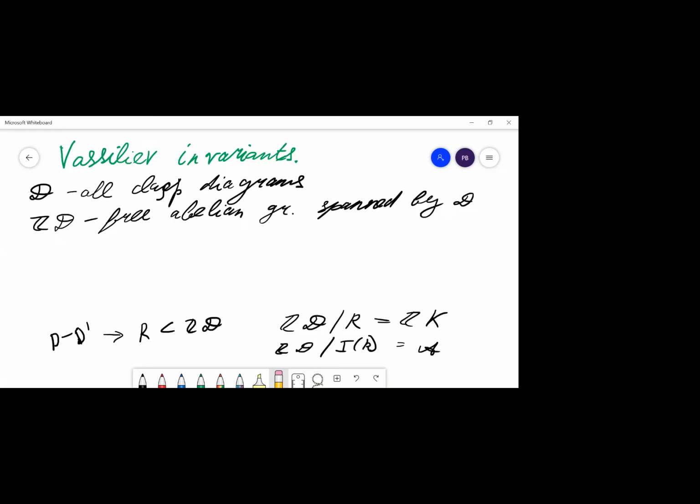We will denote it by A, and the map I induces an isomorphism between ZK and A. And let's consider AN, which is a quotient of A by all clasp diagrams with strictly more than N chords.